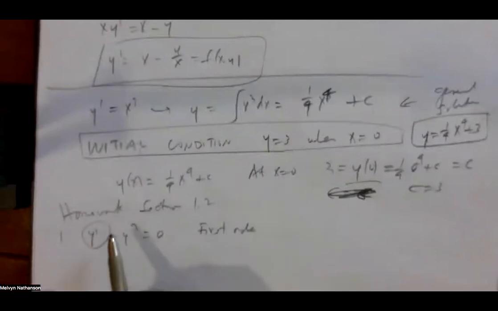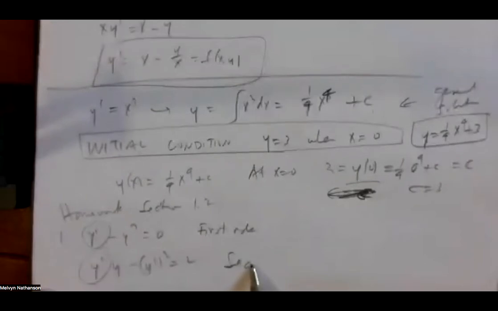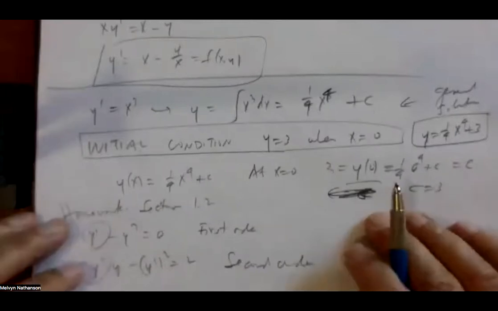If you have the equation y double prime times y minus y prime squared equals 2, this is a first derivative. This is just a function, which is the same as the 0th derivative. This is a second derivative. That's the highest derivative. So this equation is second order. Okay.